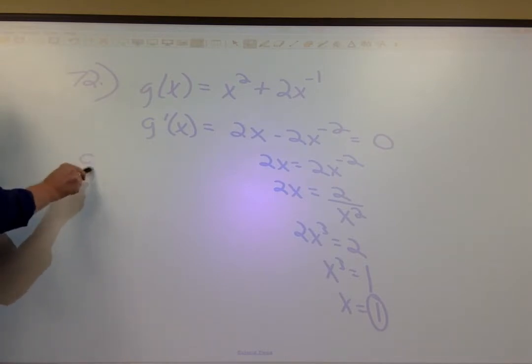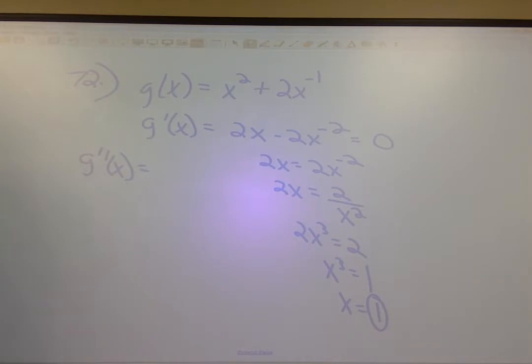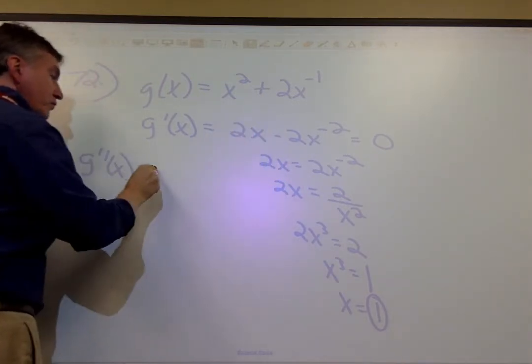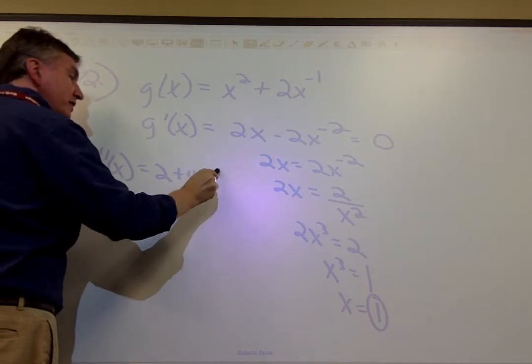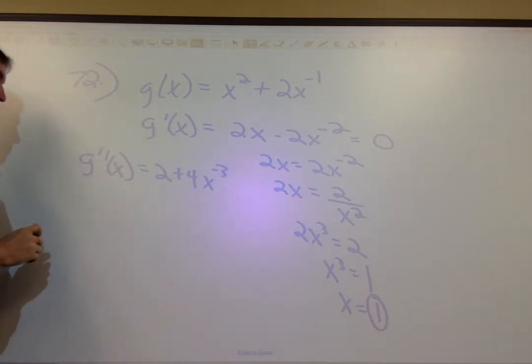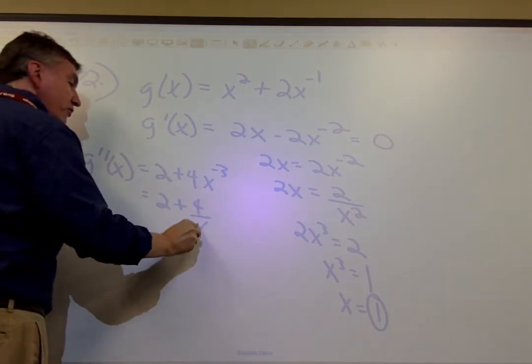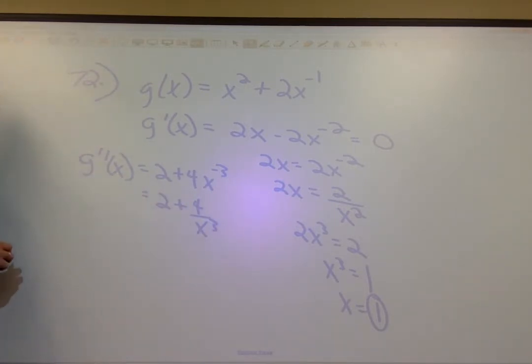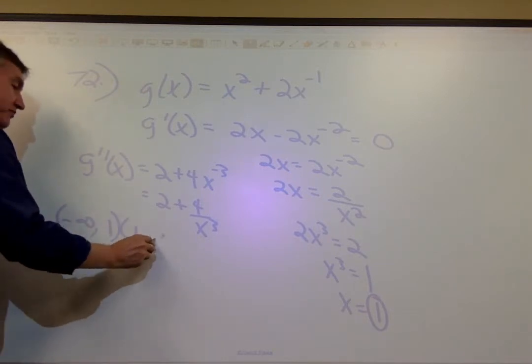What is my second derivative? 2 plus 4 x to the negative 3. Right? Which means 2 plus 4 over x cubed. So my two intervals would be negative infinity to 1 and 1 to infinity.